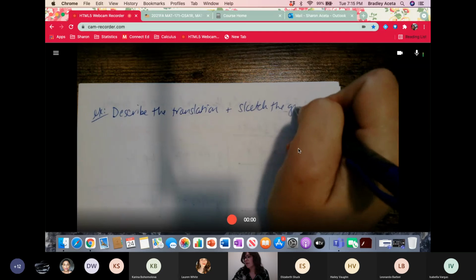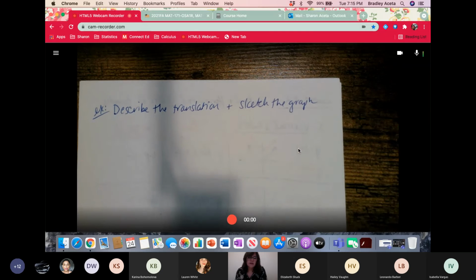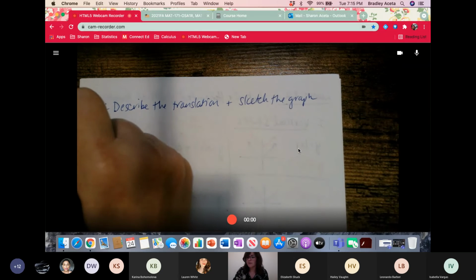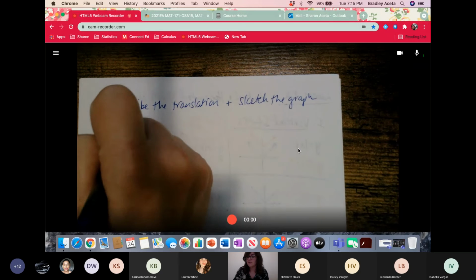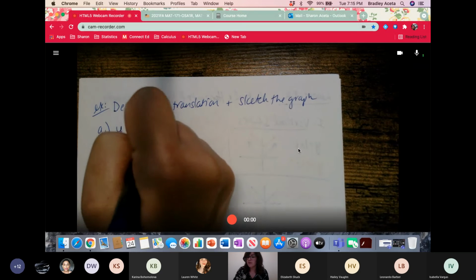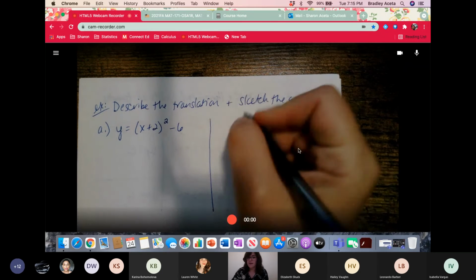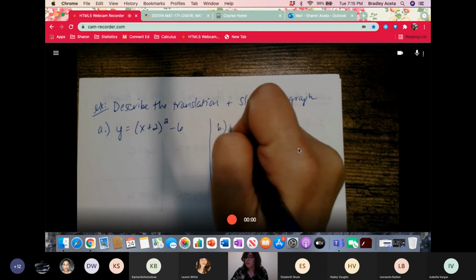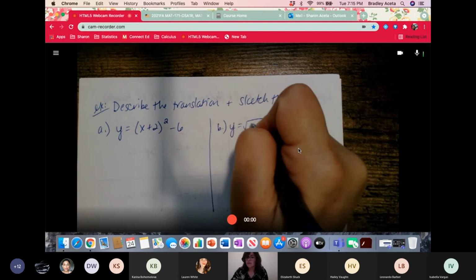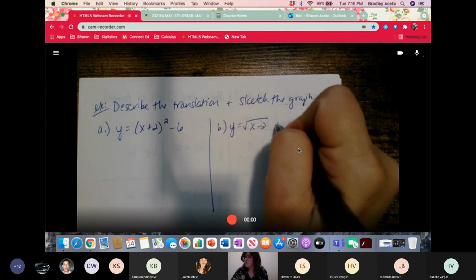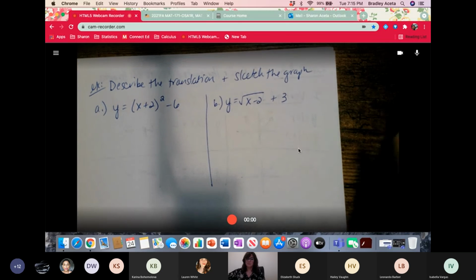And I know you have a calculator for this, but try to do it without a calculator. That's the whole point. You're trying to learn how to do things without it. Y equals x plus 2 squared minus 6. And then part B will do y equals square root of x minus 2 plus 3.